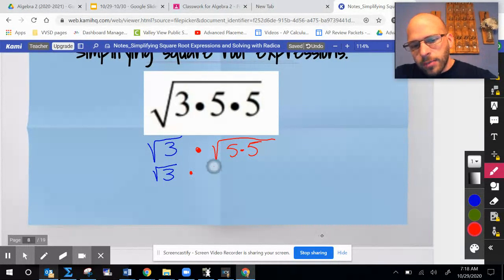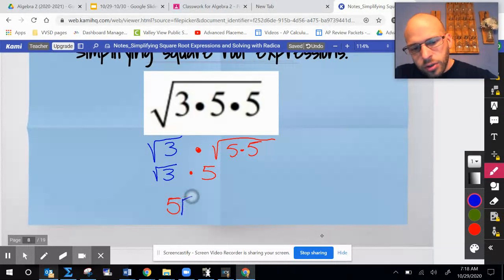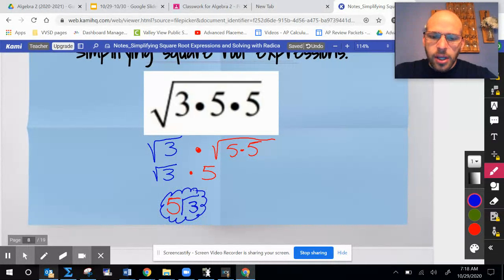However, the square root of 5 times 5 is just 5. Now watch how I write my answer here. We don't typically write square root of 3 times 5. The proper way to write it would be 5 square roots of 3. And that is my answer.